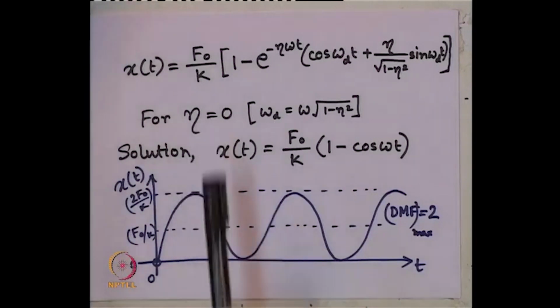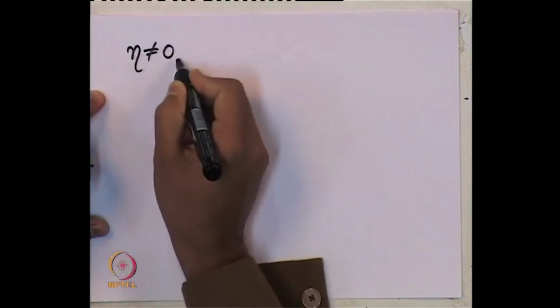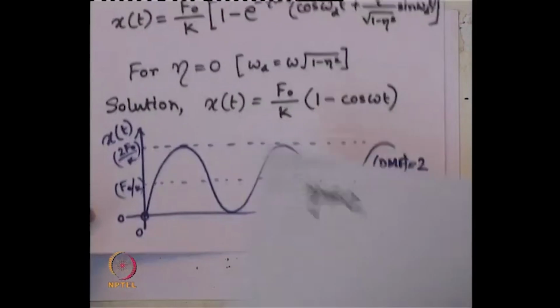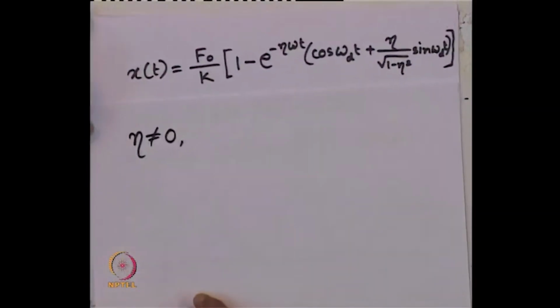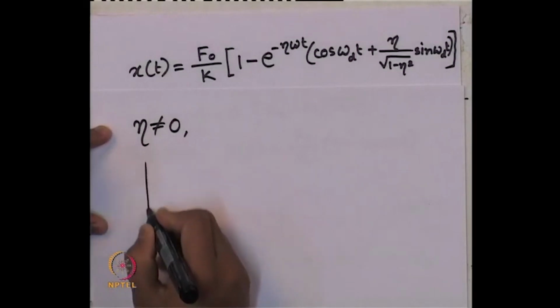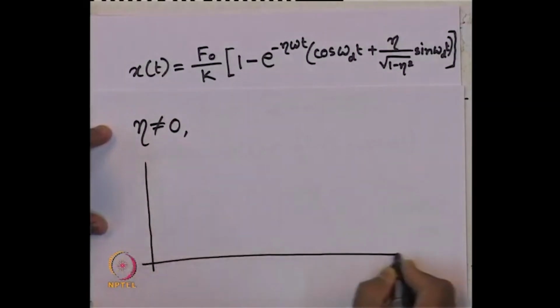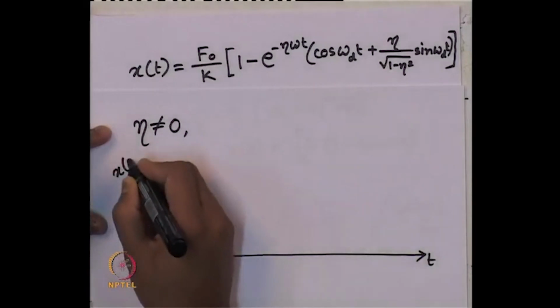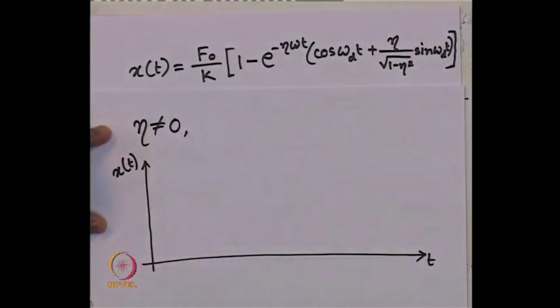Now, if it is a damped case, how the response should look like? Let us see. So, for a damped case, when eta is not equals to 0, the solution we already have. So, let us take the solution once again here, and let me plot it, the response x of t with respect to the variation of t.